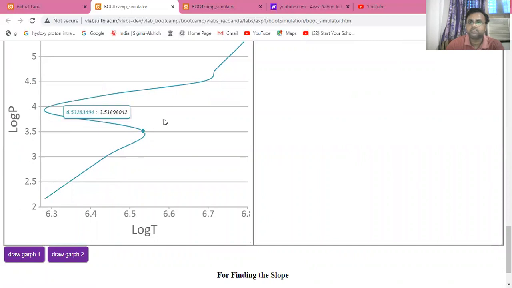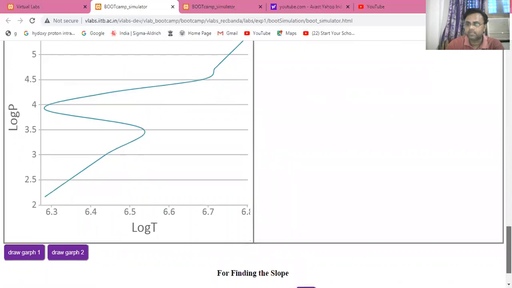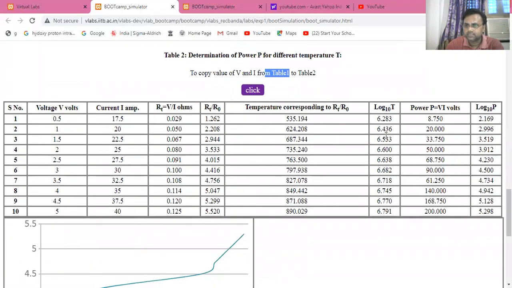It must be a straight line, but our readings are not coming like a straight line. Suppose 6.26465, then 6.682, it's increasing, not decreasing.